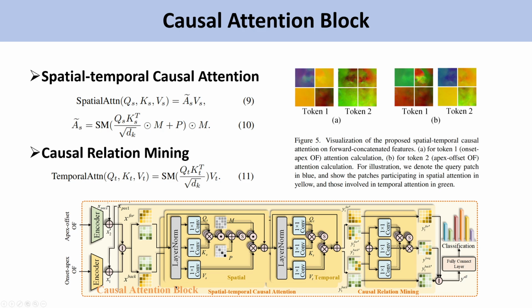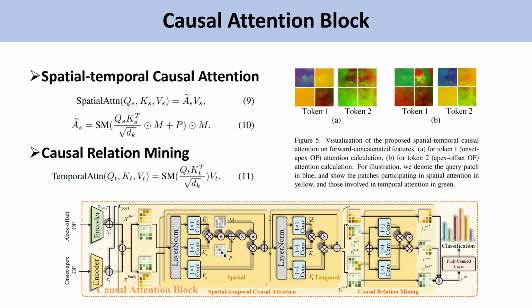The implementation of the causal attention block is as follows. First, the spatial temporal causal attention conducts sparse spatial information interaction, and its mechanism is consistent with that of the absolute positional cross-attention. Then, the module performs causality-based information interaction in the temporal dimension to generate short-range and long-range feature representations.